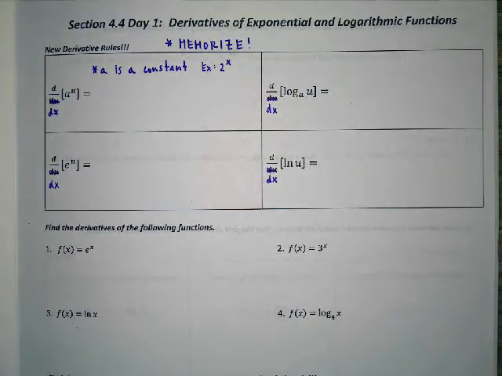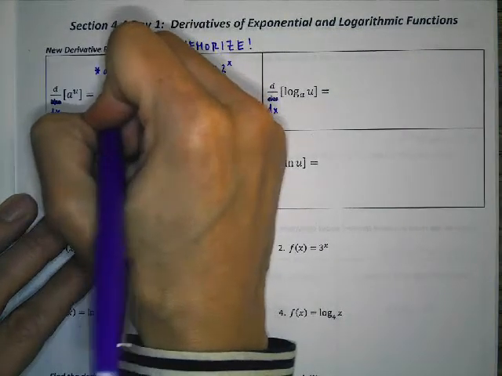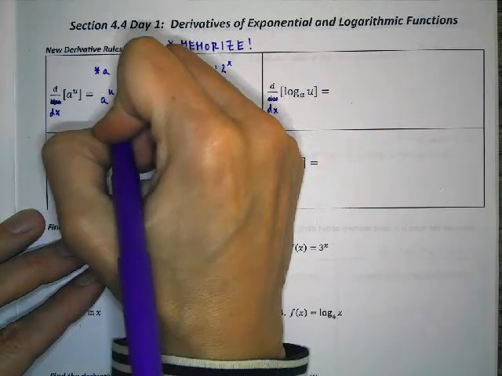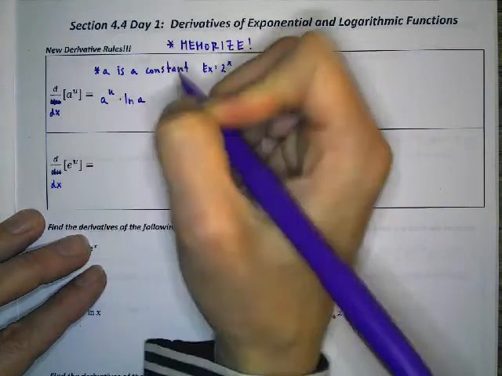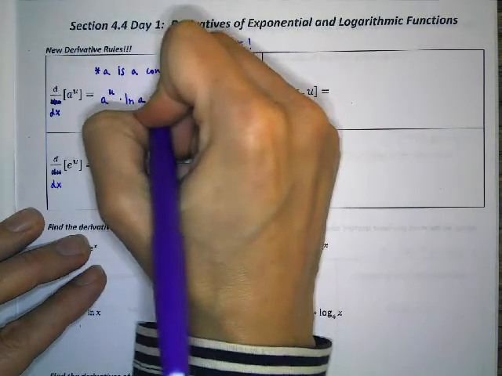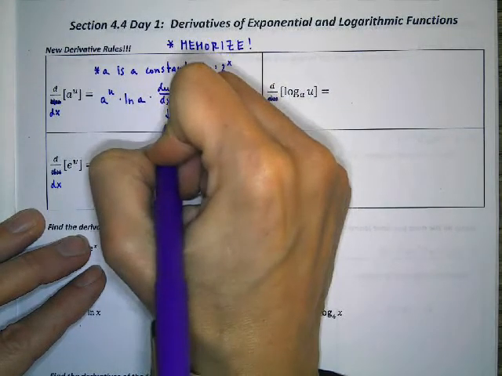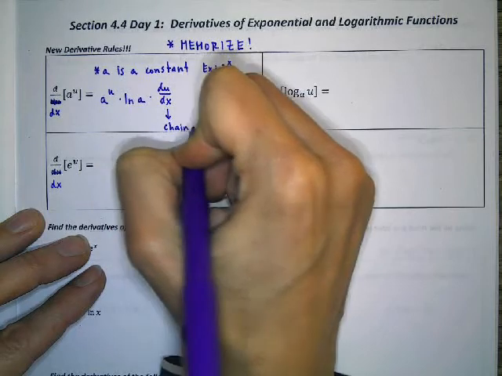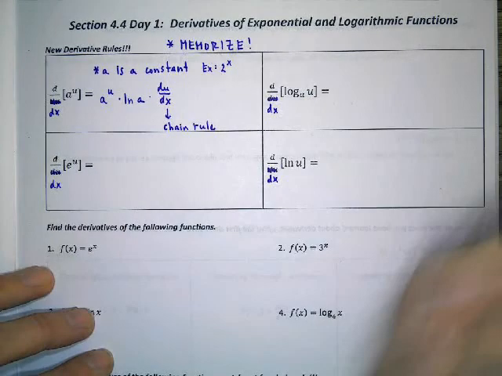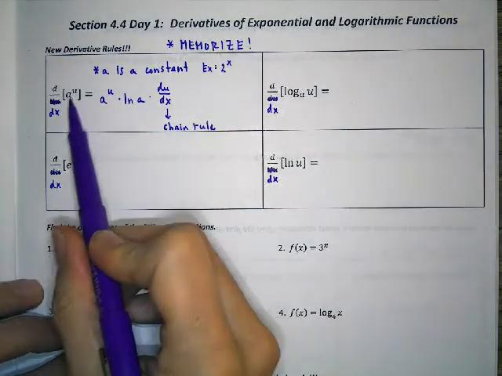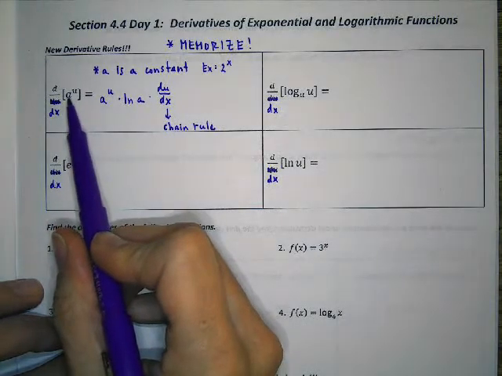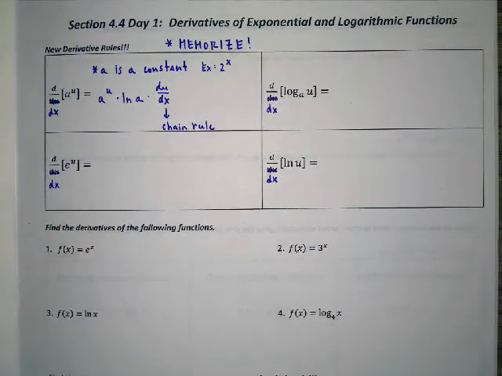Our derivative here is going to be a to the u times the natural log of a times du dx. Remember, this du dx is really just accounting for anything that might trigger the chain rule. In other words, if our u here is anything other than just x, we're going to trigger use of the chain rule.